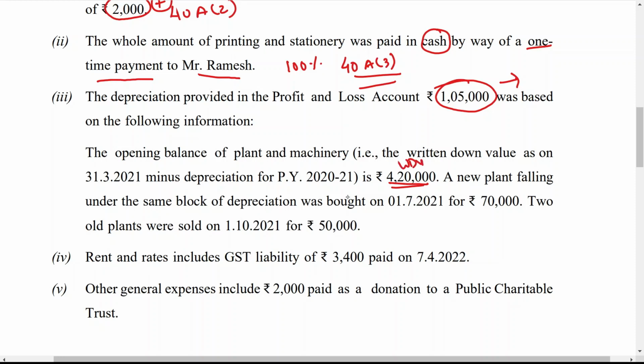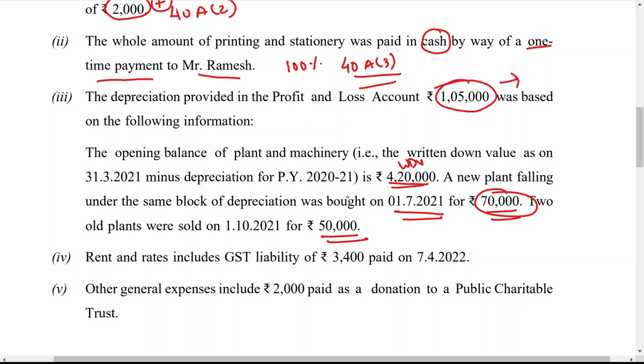A new plant falling under the same block of depreciation was bought on 1/7/2021 for rupees 70,000. Now two old plants were sold on 1/10/2021 for 50,000. So this is the opening, this is the purchase, and the purchase is before 3rd October.